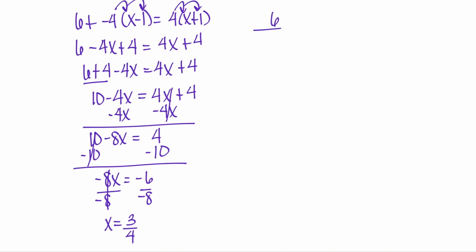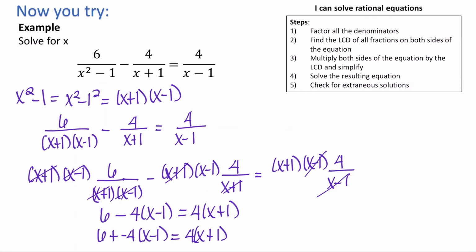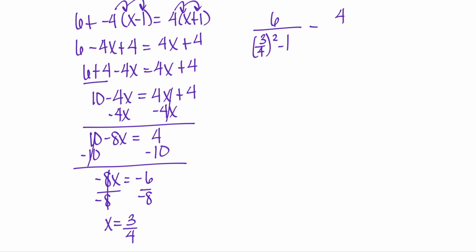So I have 6 over 3/4 squared minus 1, and then minus 4 over 3 over 4 plus 1, and then that equals 4 over 3 over 4 minus 1. Okay, so let's go ahead and simplify all of this. So we have 3/4 squared minus 1, and then we do 6 divided by that.